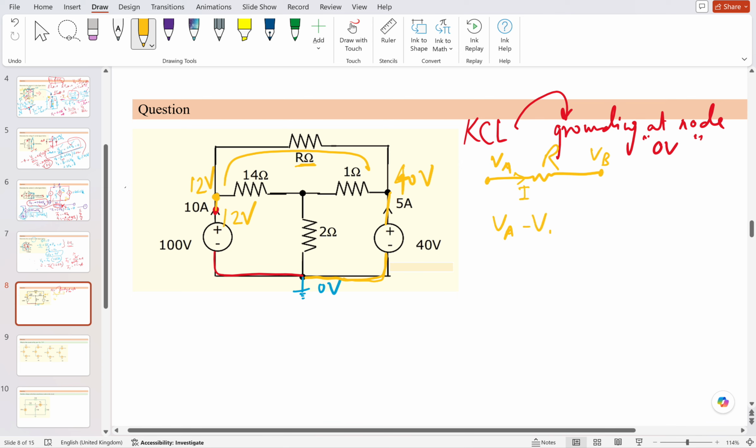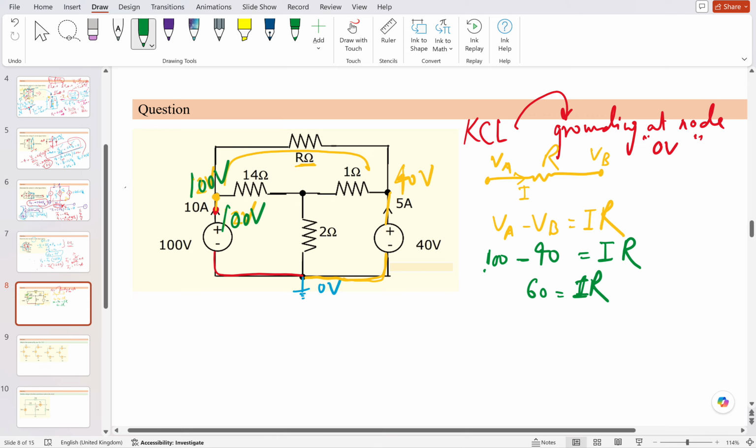VA minus VB is equal to I times R. So similarly here, this is 100 volt, so 100 minus 40 is equal to I times R. This is the first equation which we have got.